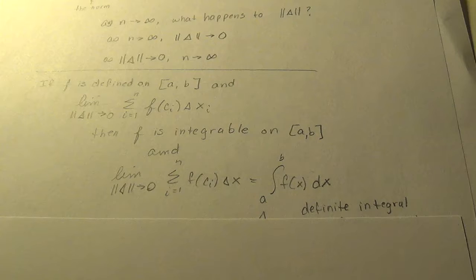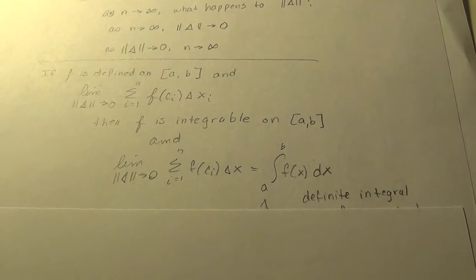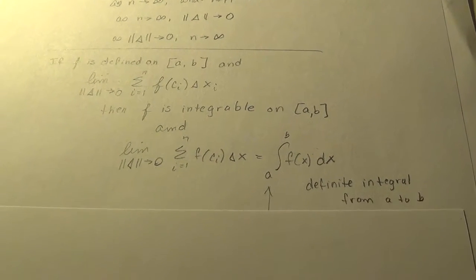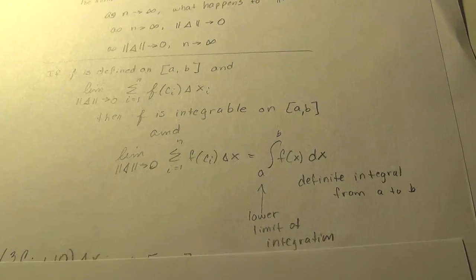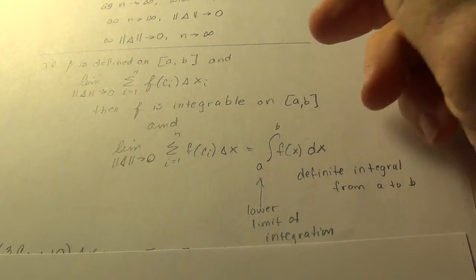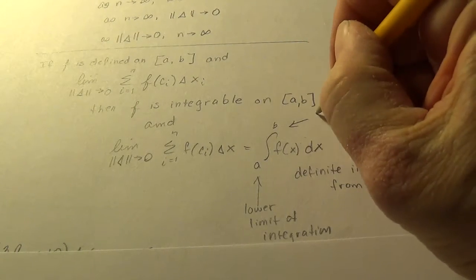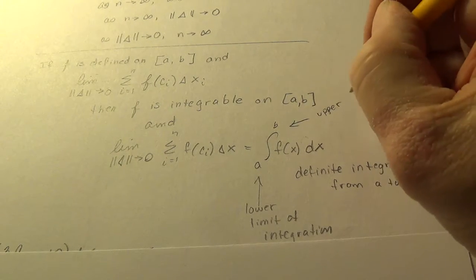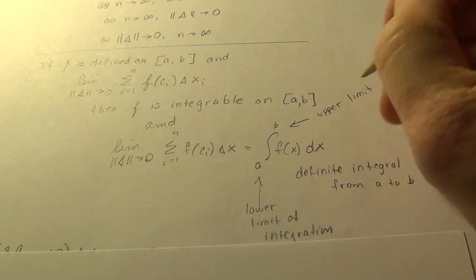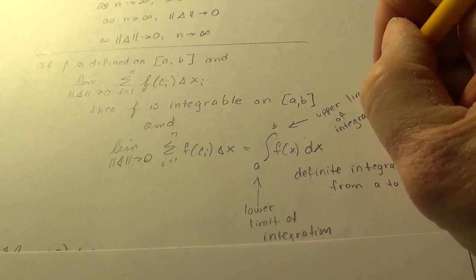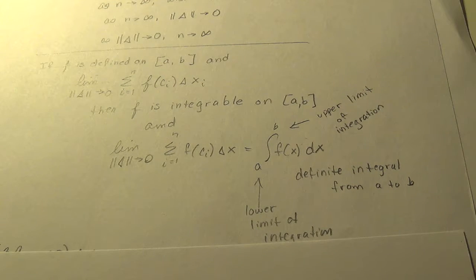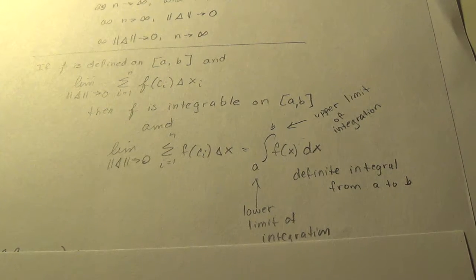And that is called the definite integral. Again, I mentioned from a to b, and a is called the lower limit of integration, and b is called the upper limit of integration.